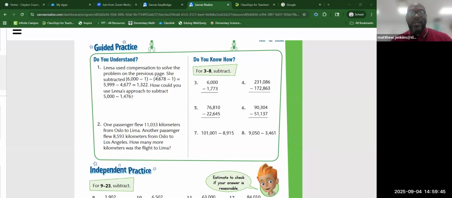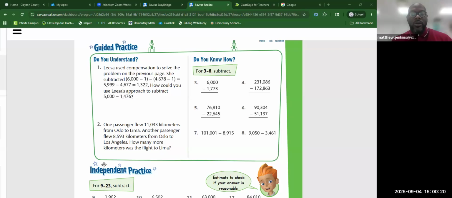She subtracted 6,000 minus 1, 4,678 minus 1, which equals 5,999 minus 4,677, which equals 1,322. How could you use Lisa's approach to subtract 5,000 minus 1,462?